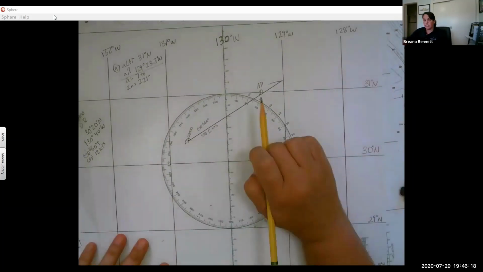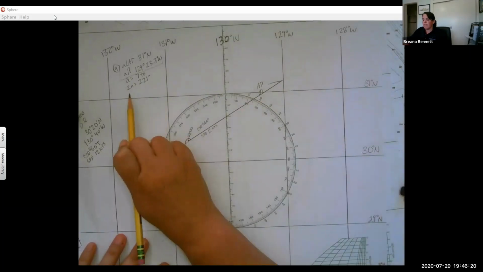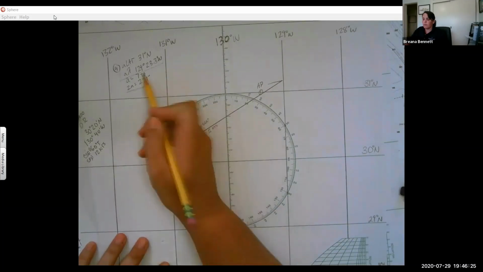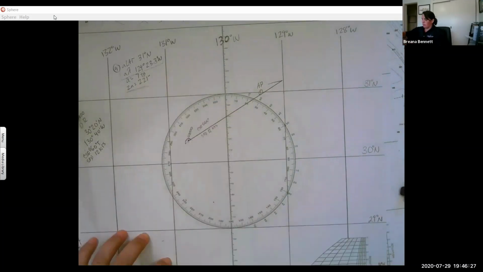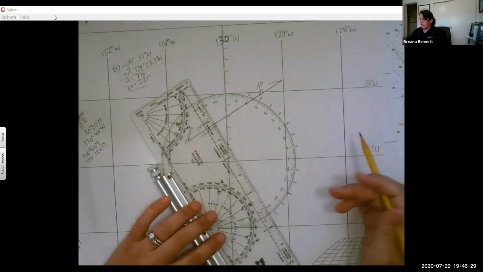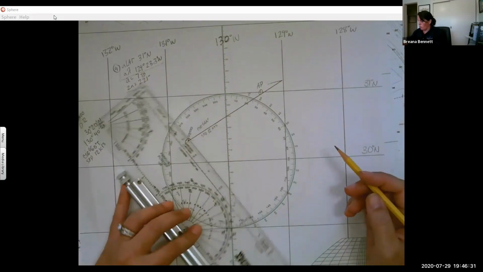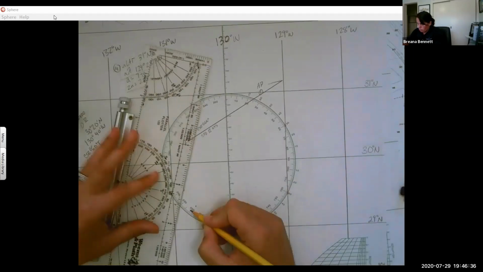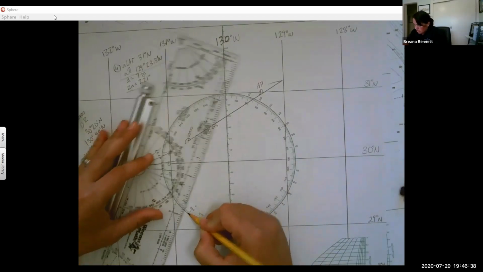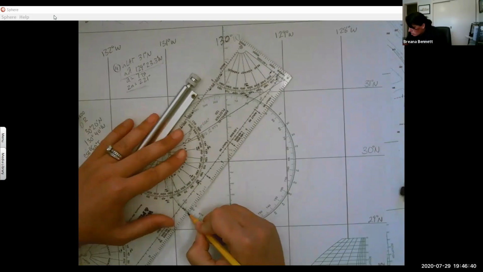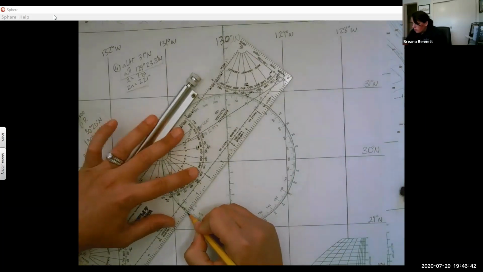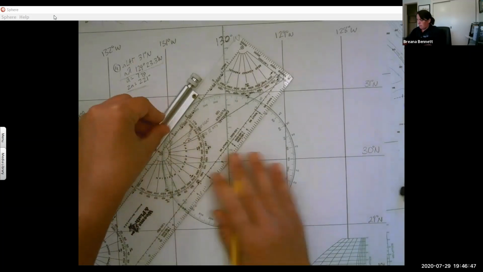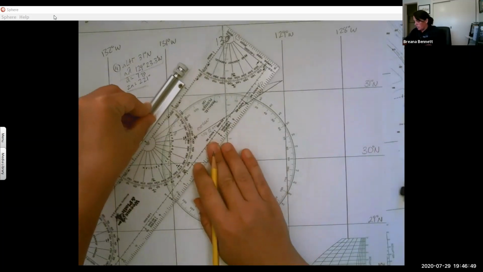So I have assumed position. Now I'm going to plot my ZN, which is my bearing. And I know I'm going towards it. So I will use my roll plotter here to find 221. So I have 221, and then I'm going to parallel that over to my assumed position.